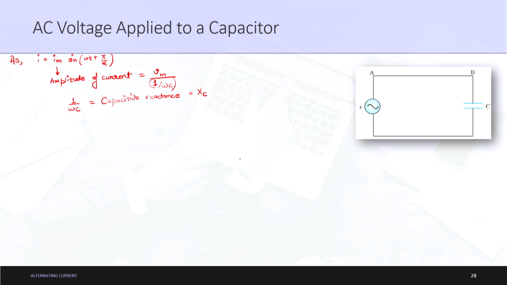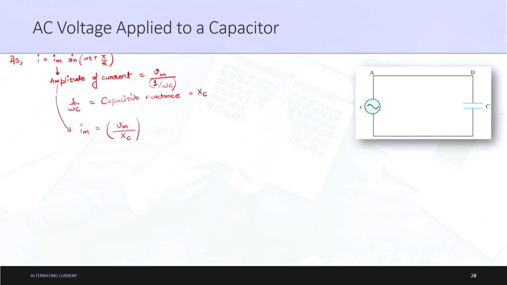Okay. So, therefore, we can write that the amplitude of current I m is nothing but equal to V m by X c. Please remember clearly, omega c is not X c, 1 upon omega c is X c. People sometimes get confused.